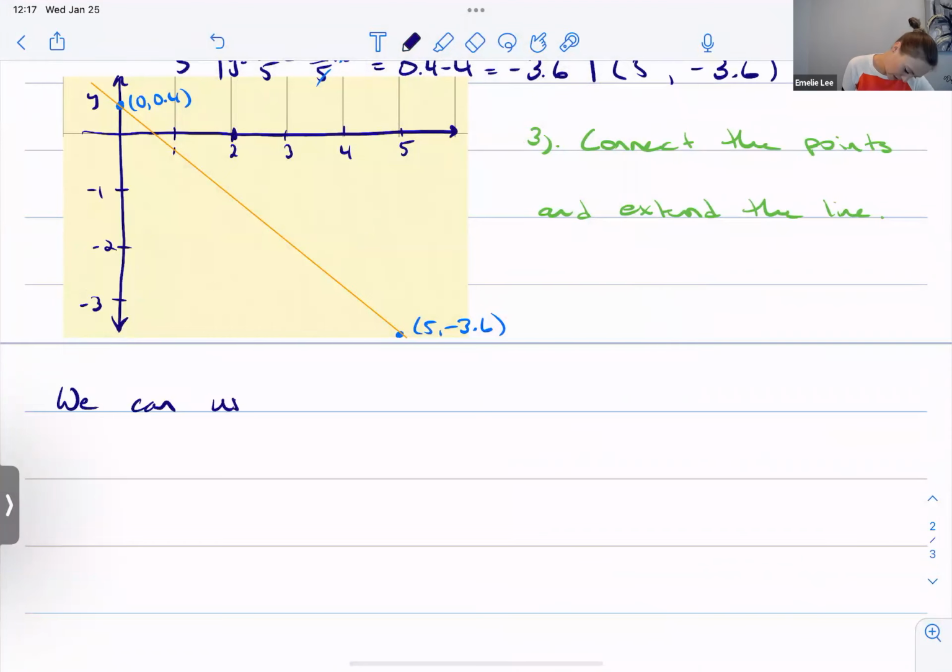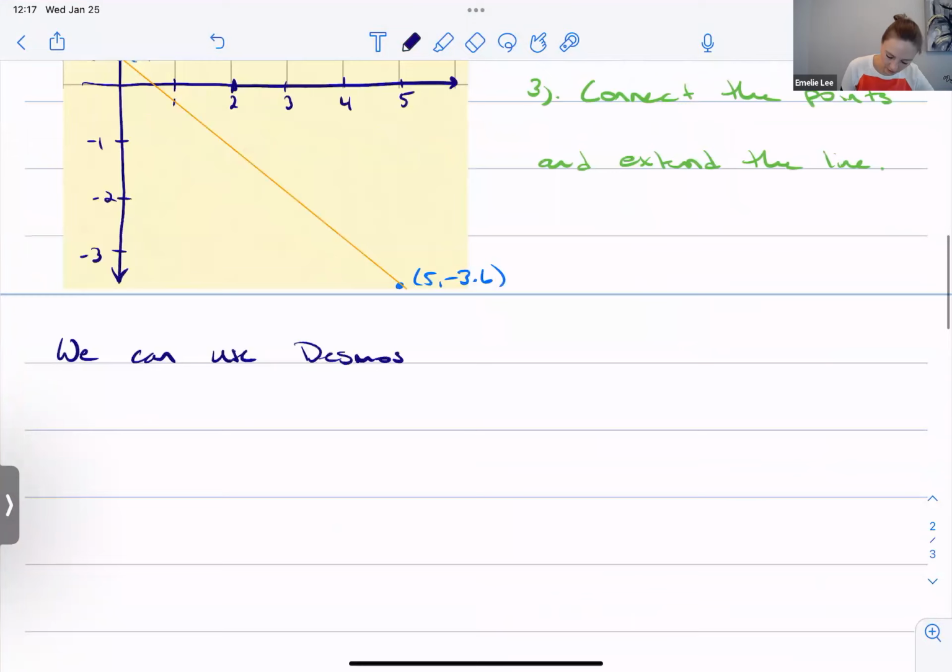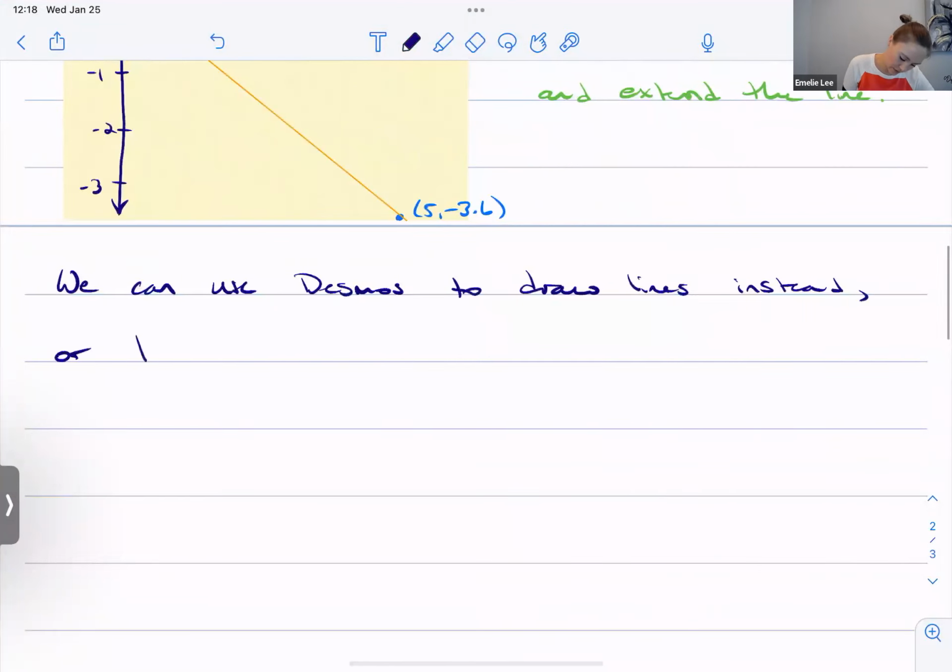We can use Desmos to draw lines instead, or to check our work. Well, that looks like a weird smiley face.